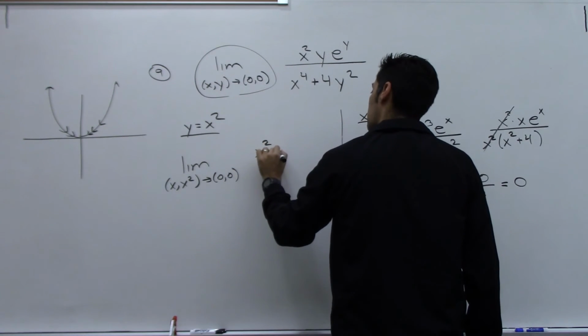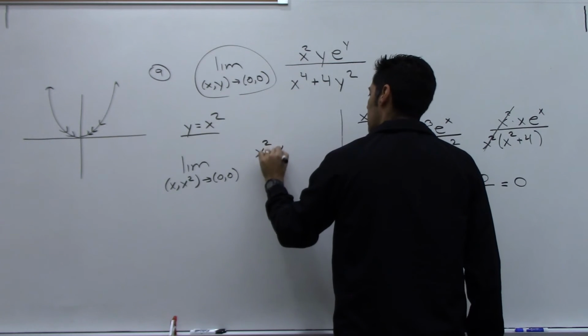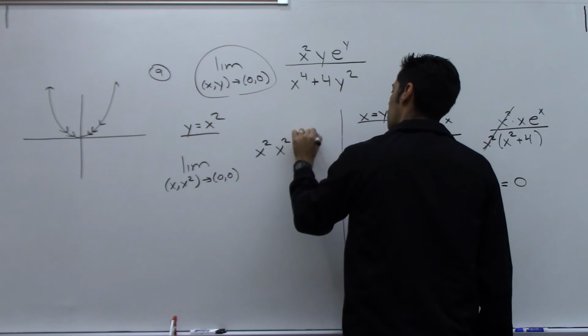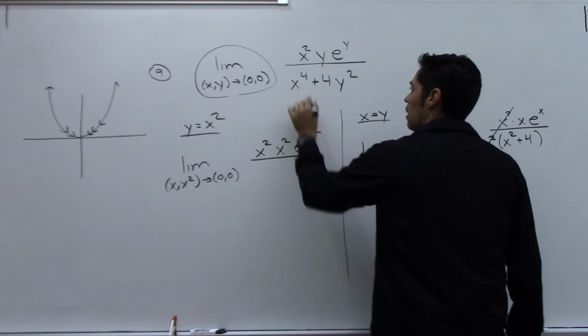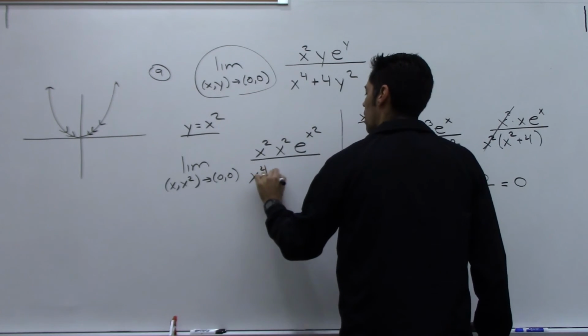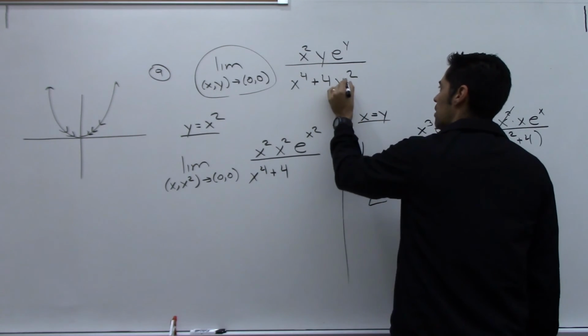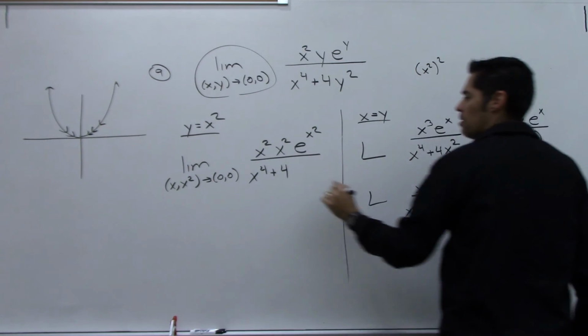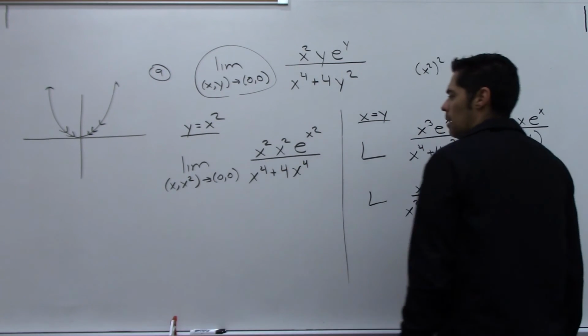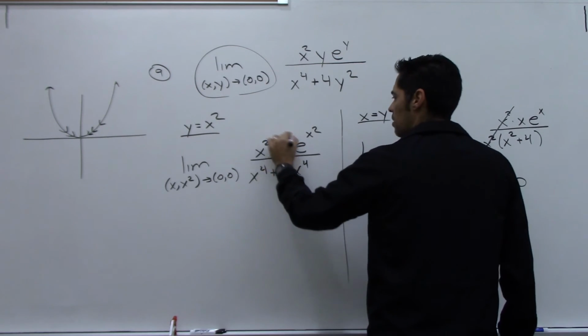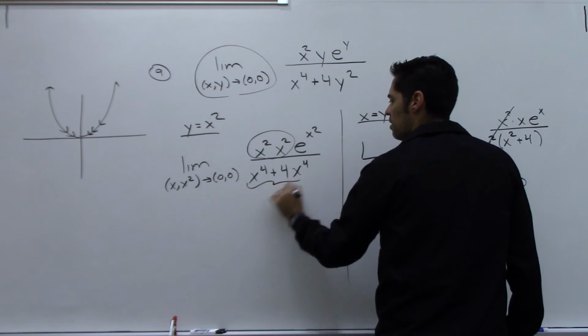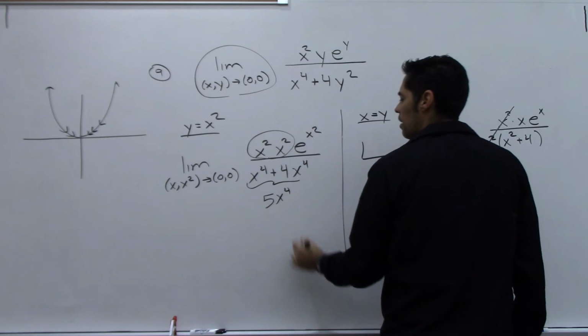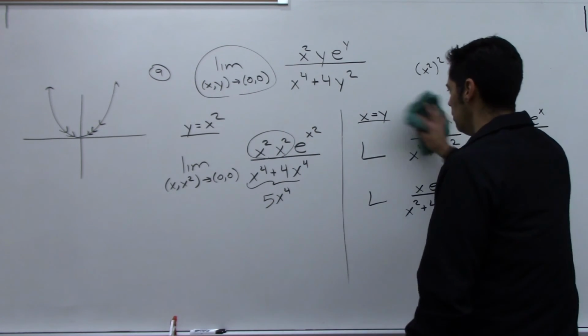So x squared, y is x squared, e to the x squared over x to the 4th plus 4 times y squared. But remember, y is x squared, so x squared squared, that's x to the 4th. And notice that on the top, this is x to the 4th. This is 5x to the 4th, and the x to the 4ths cancel.